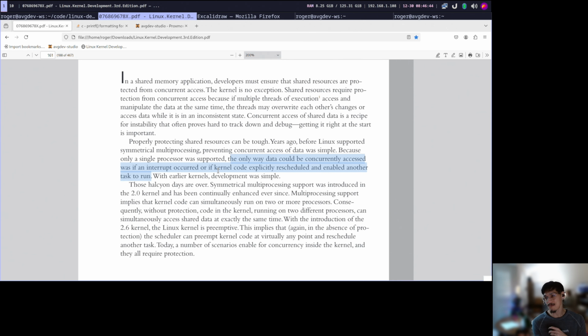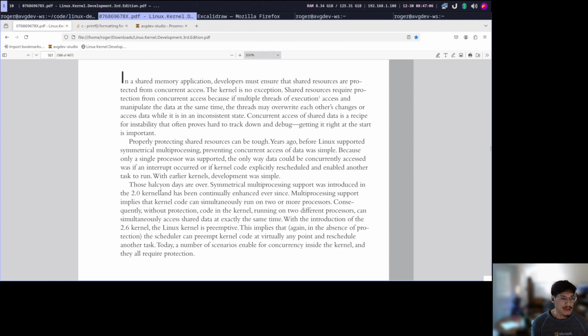Then thread 1, coming back after thread 2 is preempted, goes back and works on that data, which might be in a different state, for example. That was the only case the kernel had to worry about. With earlier kernels, development was simple.